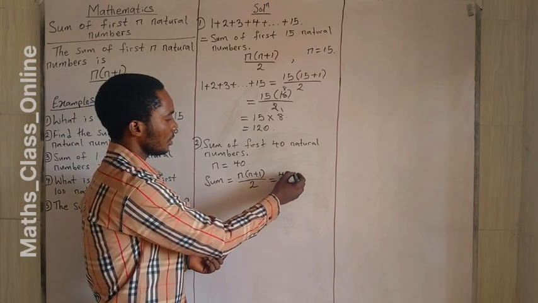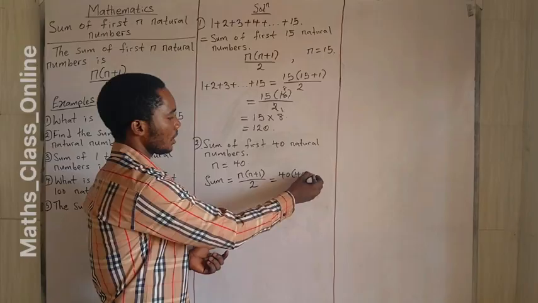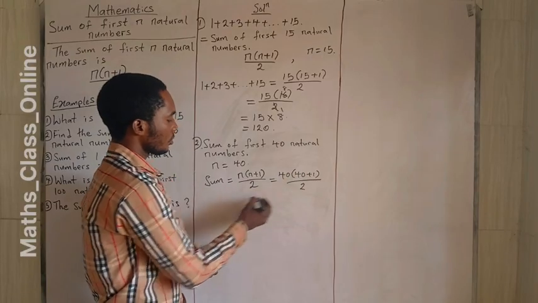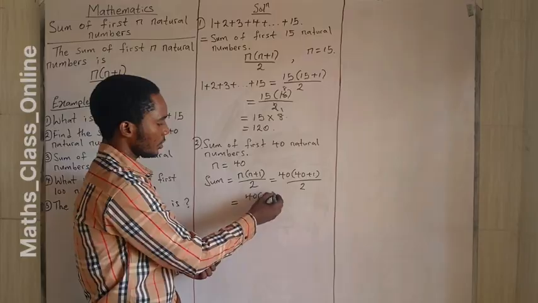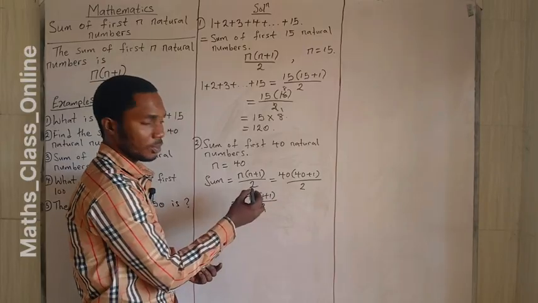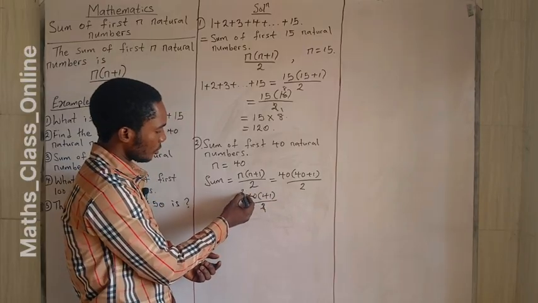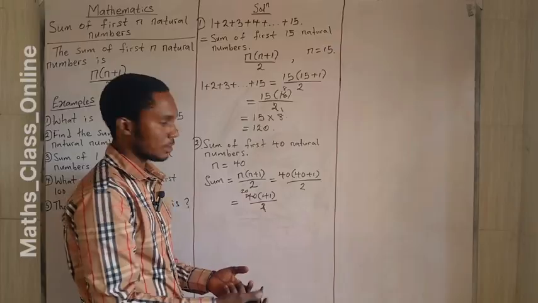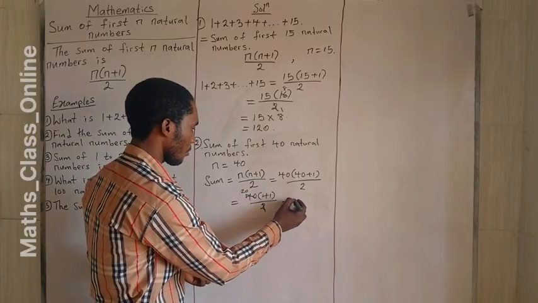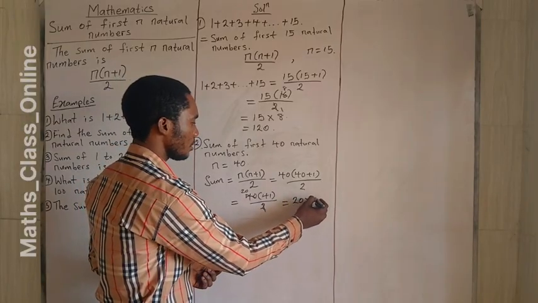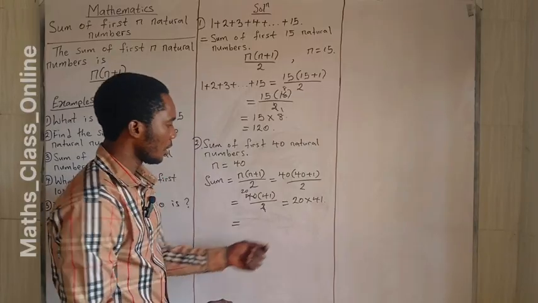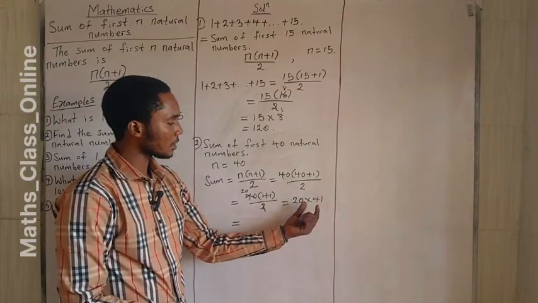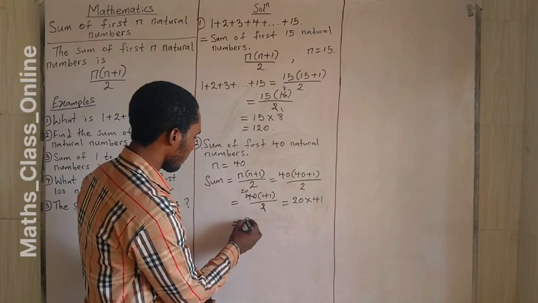This is 40 open bracket of 40 plus 1 all over 2. 40 open bracket of 41 over 2. 2 here 1 and 2 here 20. What we are going to have next is what? 20 times 41. 20 times 41, that is 820.